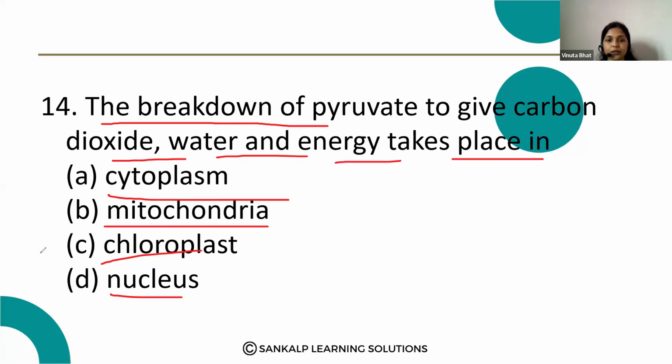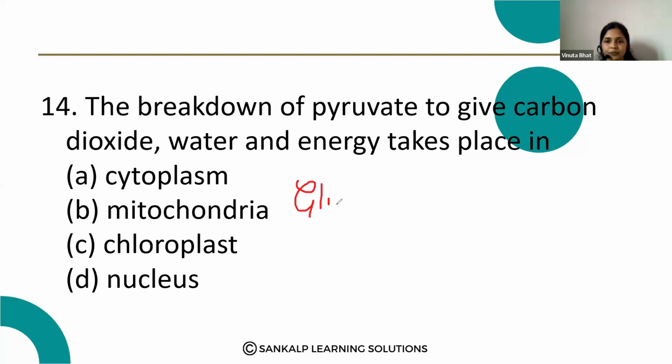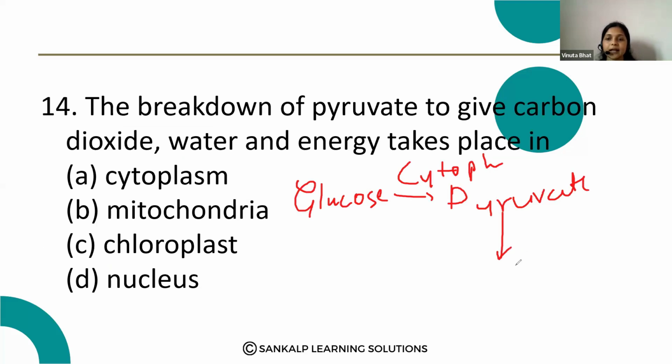You know that during respiration, glucose is converted into pyruvate in the cytoplasm, and pyruvate breaks down in the presence of oxygen into carbon dioxide, water and energy is released.